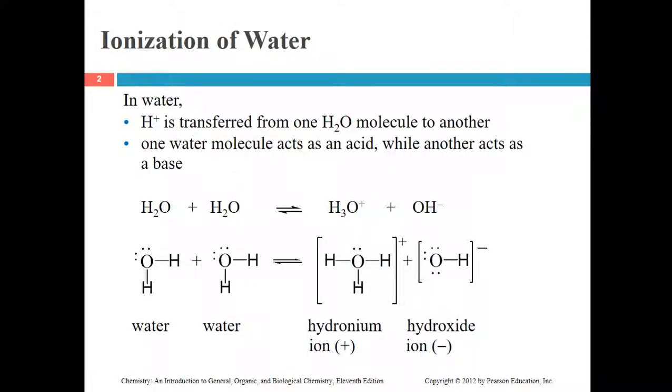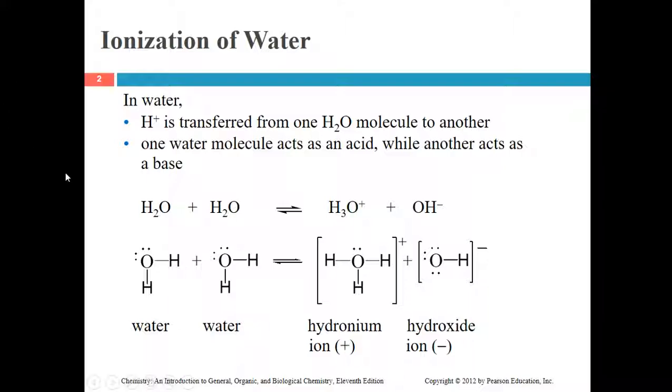Now in water, a hydrogen ion is transferred from one water molecule to another. So when water is just sitting there in a glass, it's not really just sitting there. One molecule of water can act like an acid and donate a hydrogen, and another molecule of water can act like a base and accept a hydrogen.